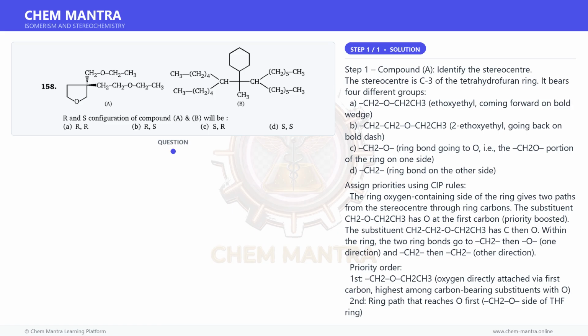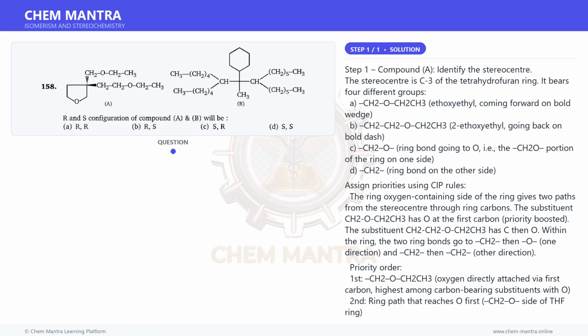Ring C toward O, next atoms are O, H, H. CH2OCH2CH3, next atoms are O, H, H, tie. CH2CH2O, next atoms are C, H, H. Ring C away from O, next atoms are C, H, H.